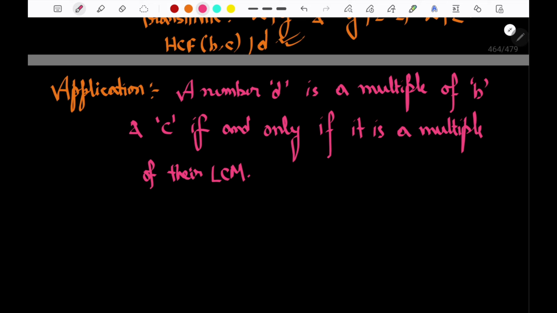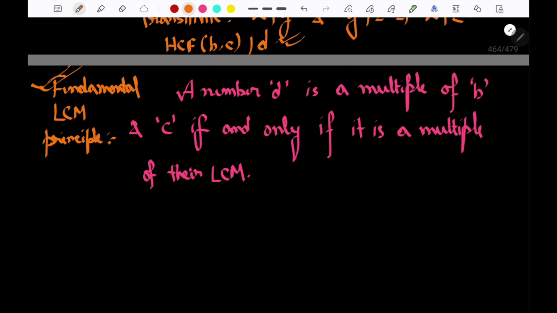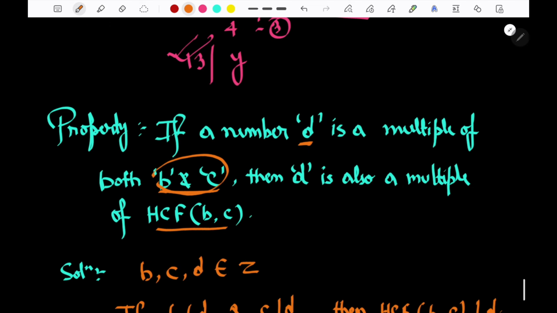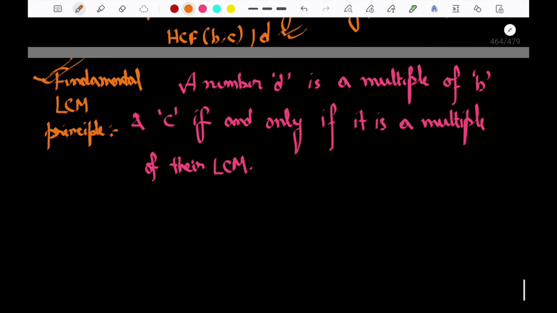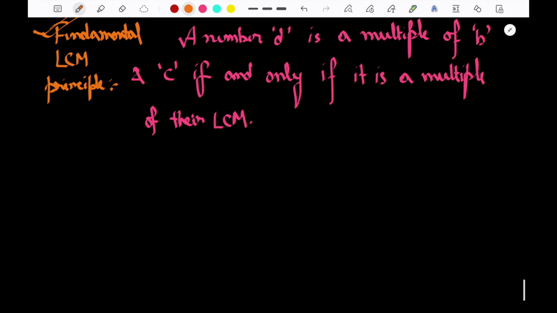So basically instead of saying application, I can directly state that this is the fundamental LCM principle. I can directly say this is one of the things that we need to know. The way it exists for HCF, the same way it exists for LCM. Okay, so this is known as the fundamental LCM principle.